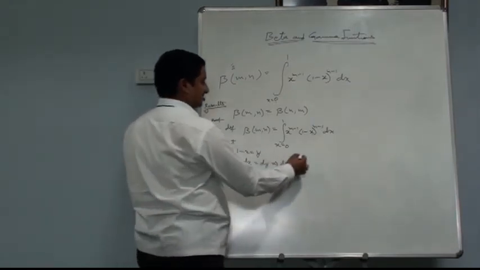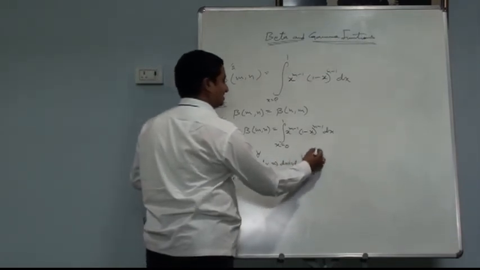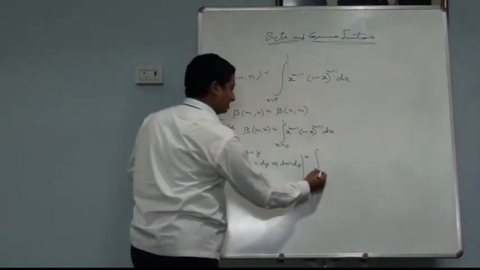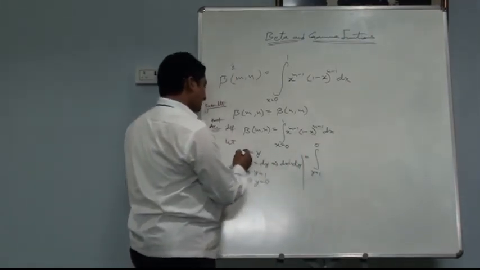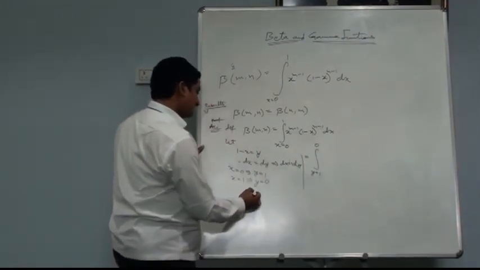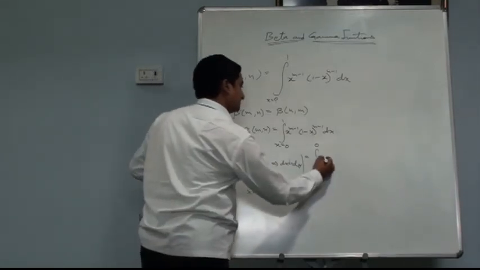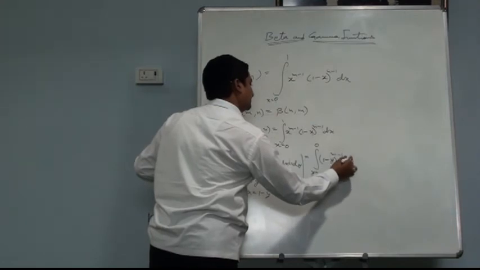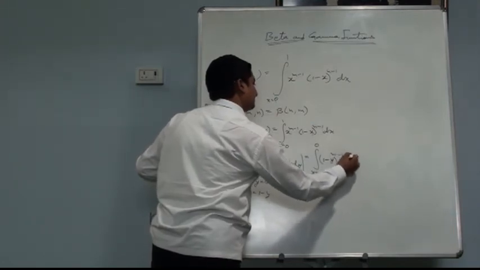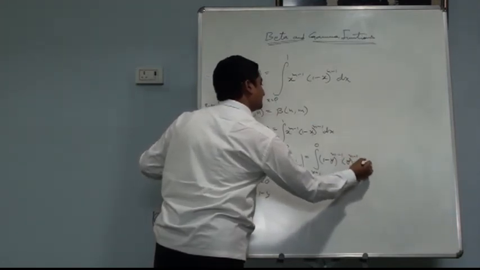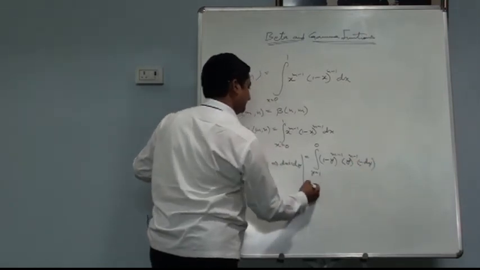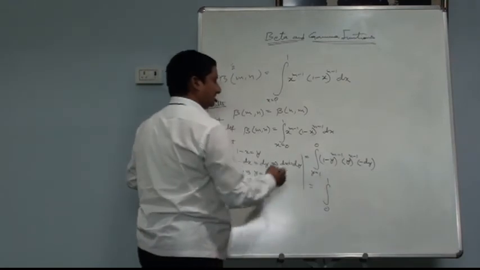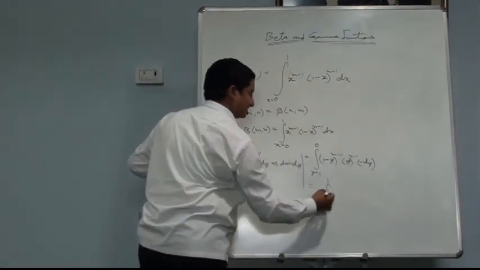By substituting this, you get the integral of y from 1 to 0. X is 1 minus y, so x is 1 minus y power m minus 1. 1 minus x is y power n minus 1 into minus dy. Interchanging the upper and lower limits, the minus and minus cancel.